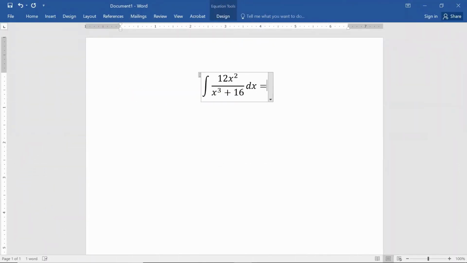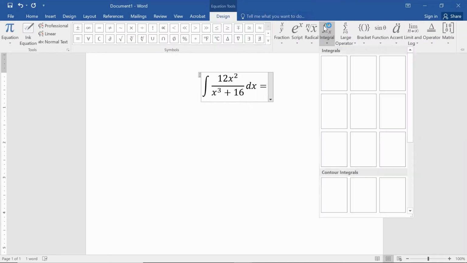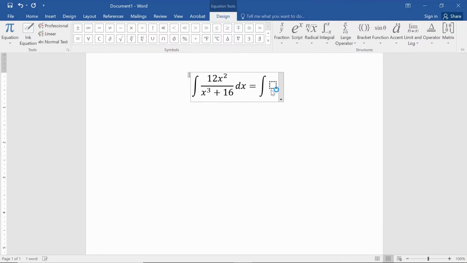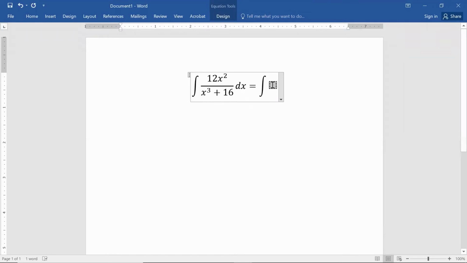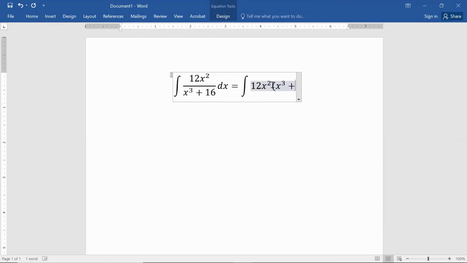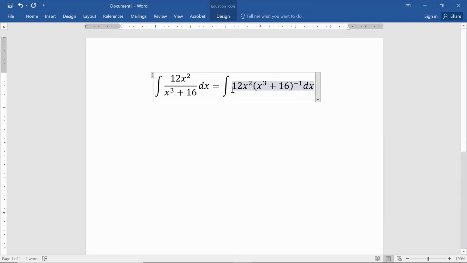So what I'm saying is that sometimes people will think that they're doing an integration and they'll say, oh, this is like 12x squared times, in parentheses, x to the third plus 16 to the -1 with respect to x. This is akin to those first couple of problems that we did.